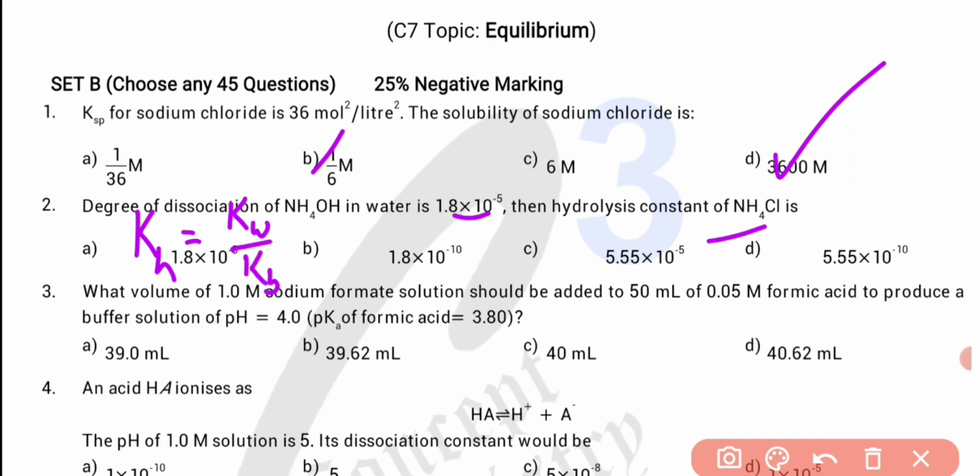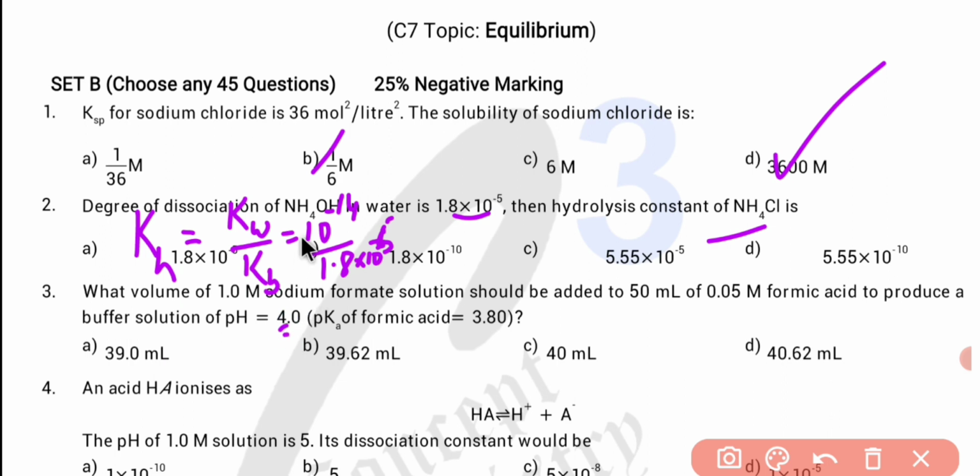KW is the ionic product of water, which is 10 to the power minus 14, and KB is given in the question as 1.8 into 10 to the power minus 5.